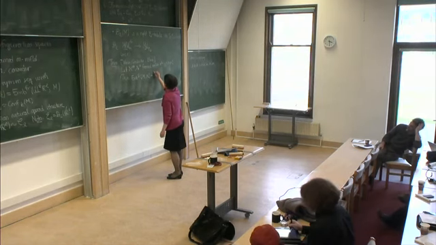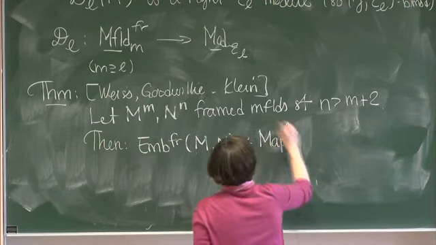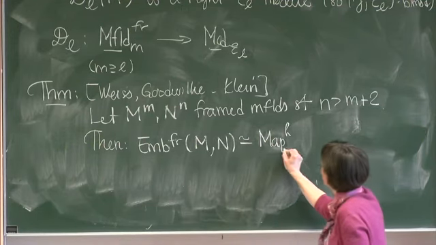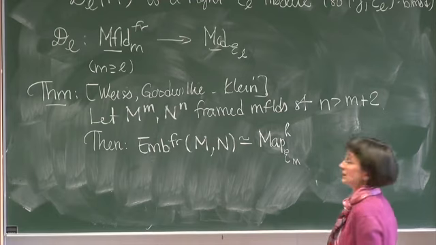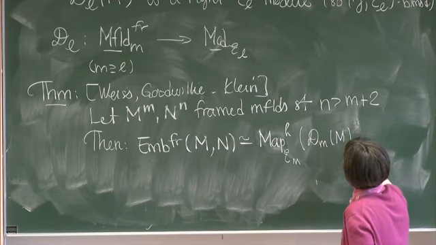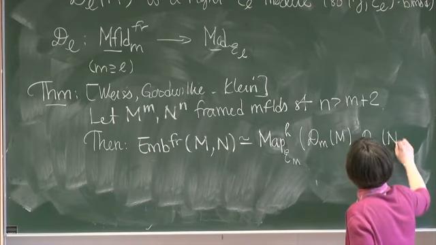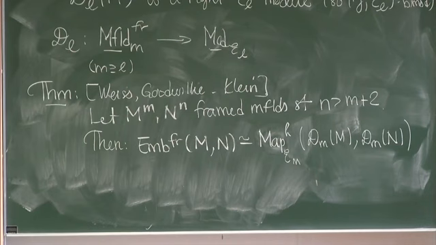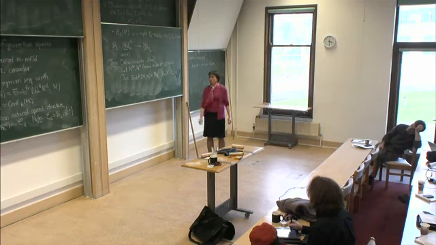Sorry, it's the derived mapping space, I'll put a little h up there to mean derived, of right E_M modules, from D_M to D_N. So this really captures a lot of the geometry of the space.